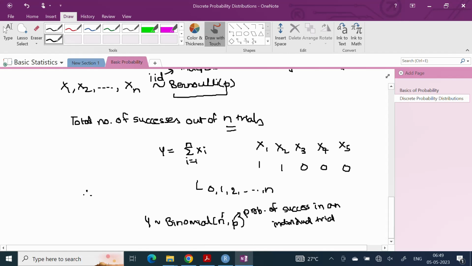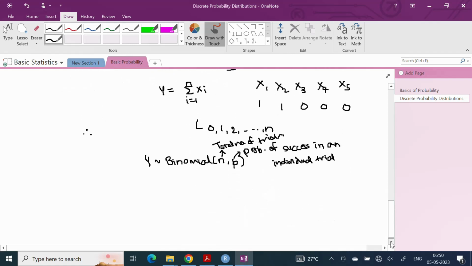Now we can see that y takes only integer values, and that too values between 0 and n.